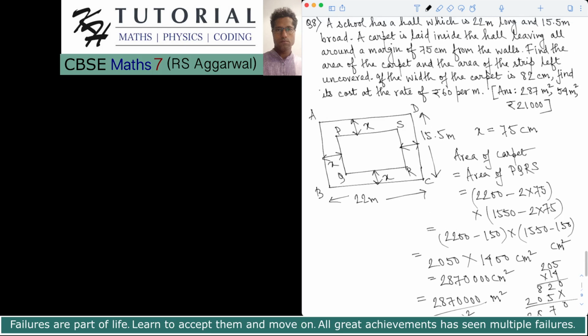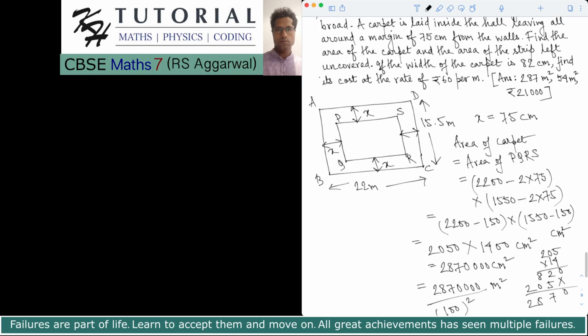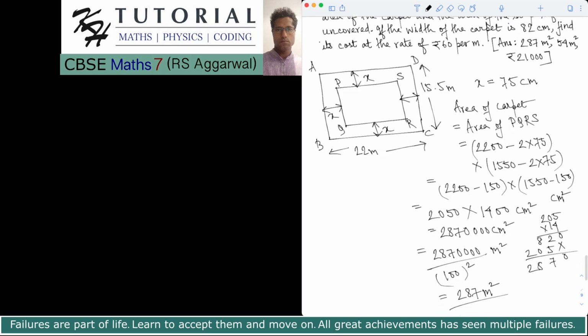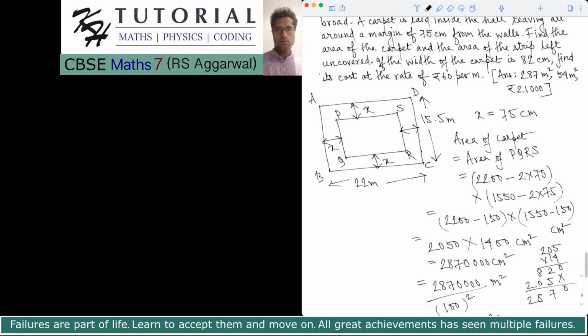Now, find the area of the carpet and the area of the strip left uncovered. The area of the strip left uncovered is nothing but the area of the path.